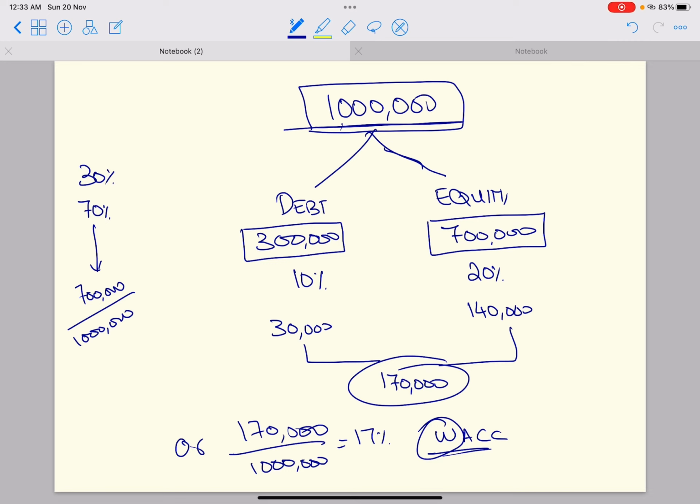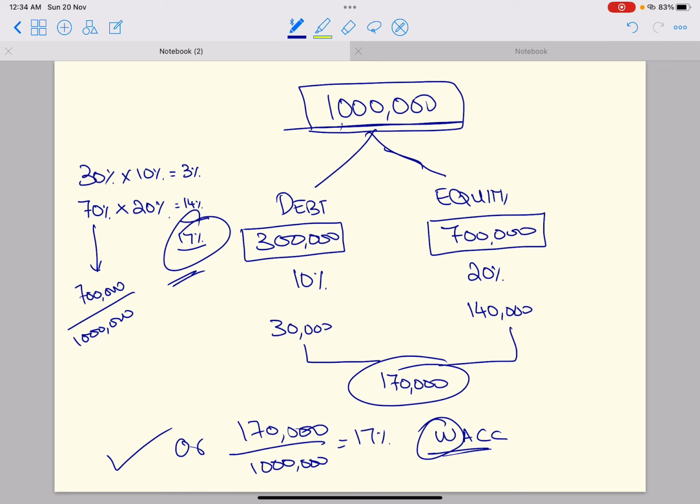Second portion is, on 70% of the capital I am paying 20% return, whereas on 30% of the capital I am paying 10% return. So if we sum them up, this is 3%, this is 14%, and eventually we'll have the same answer we found right here. So weighted average cost of capital is 17%.